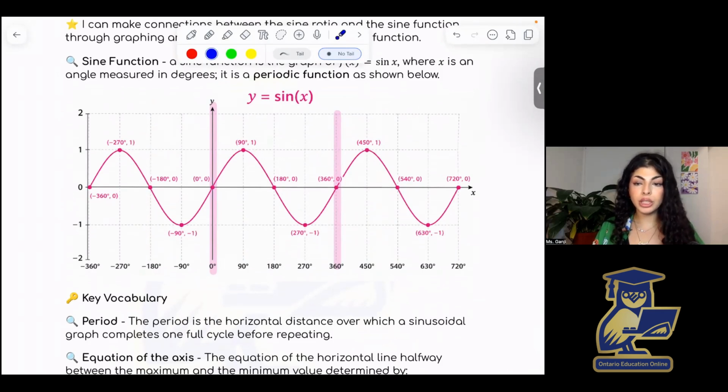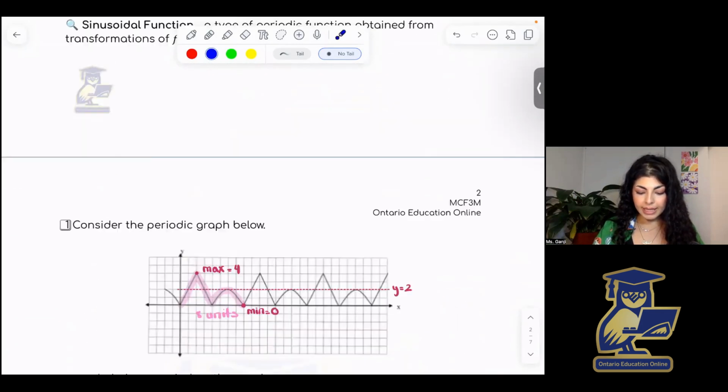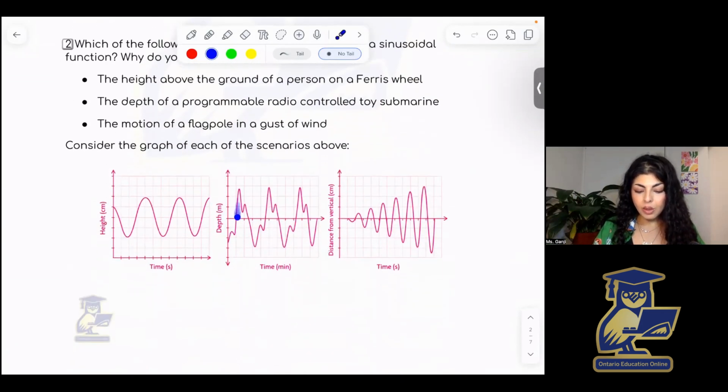Remember, transformations of the sine function are translation, stretch horizontally or vertically, or reflections. But really, you are going to end up with this shape, just again, stretched or reflected or maybe moved up or down. But in this case here, this is a whole different shape.